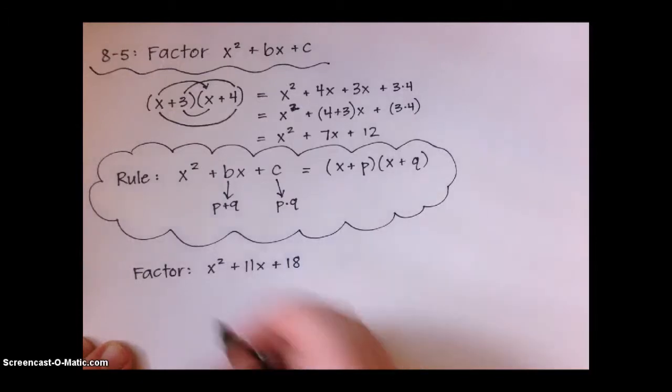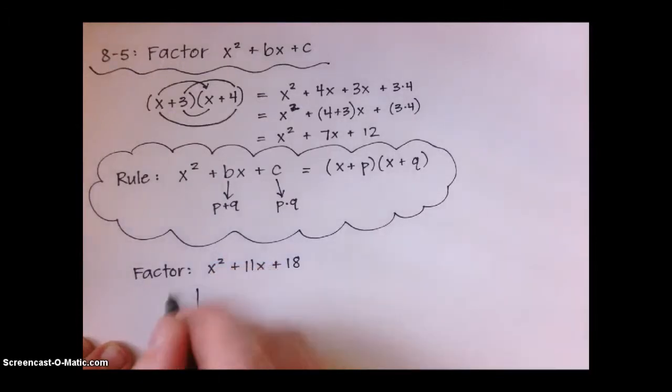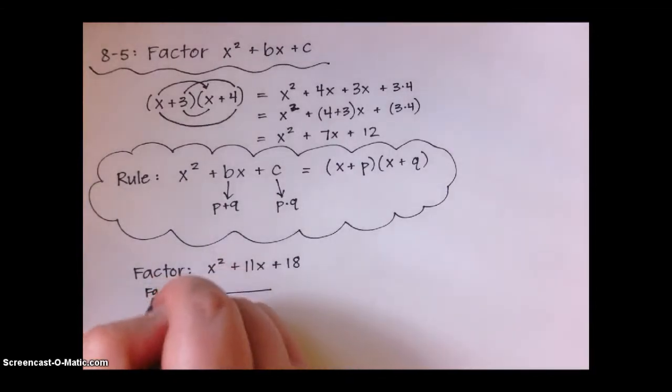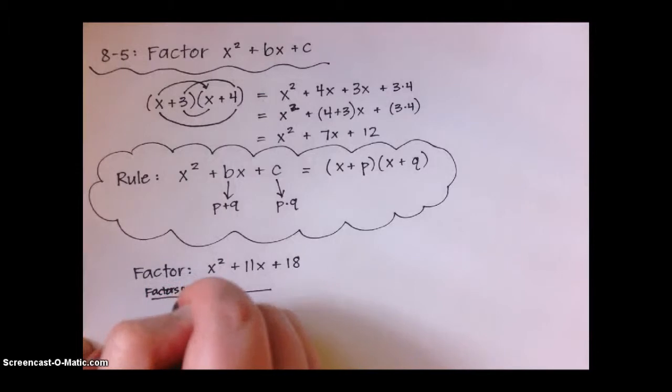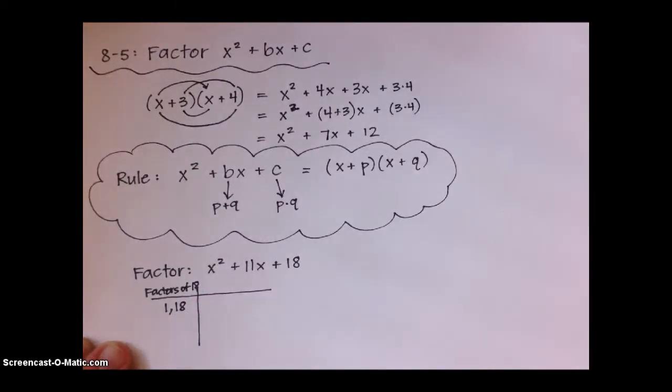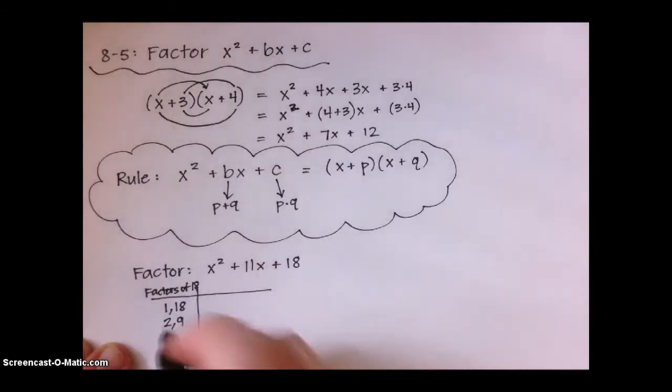So in this case, it's 18. So let's list out the factors of 18. I can multiply 1 times 18, and that will give me 18. I can also multiply 2 times 9. That would give me 18. And I can also multiply 3 times 6. All of those would give me a product of 18.